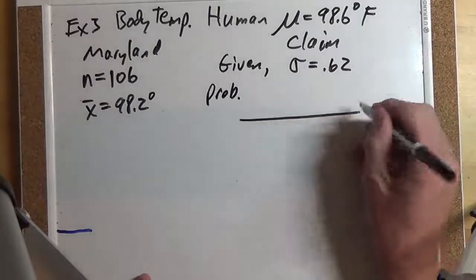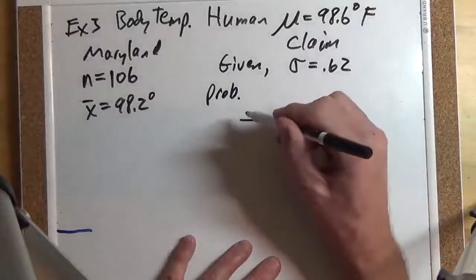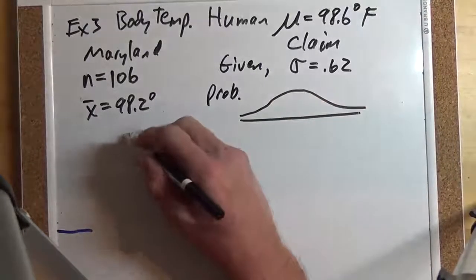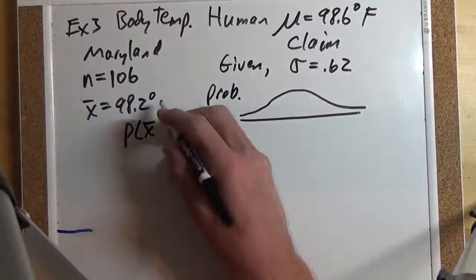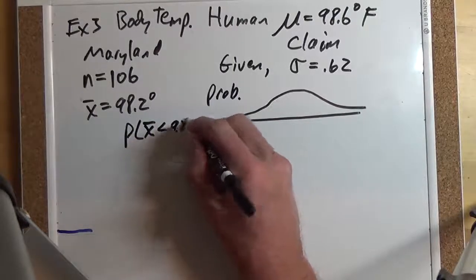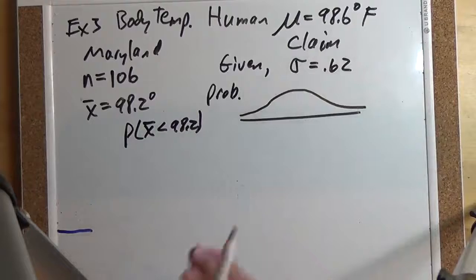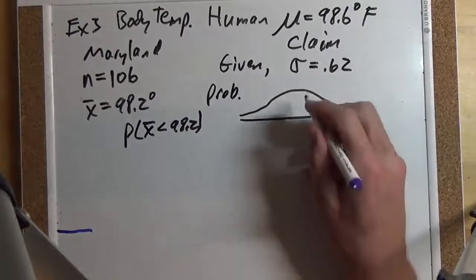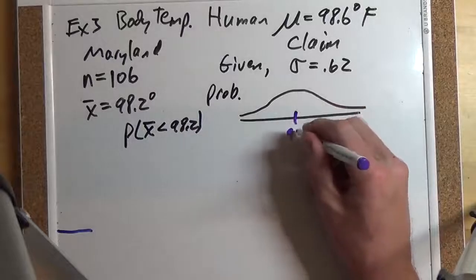We always need that greater than or less than so that we get an area. So asking ourselves, what's the probability that X bar is less than 98.2 given this stuff? (98.6).